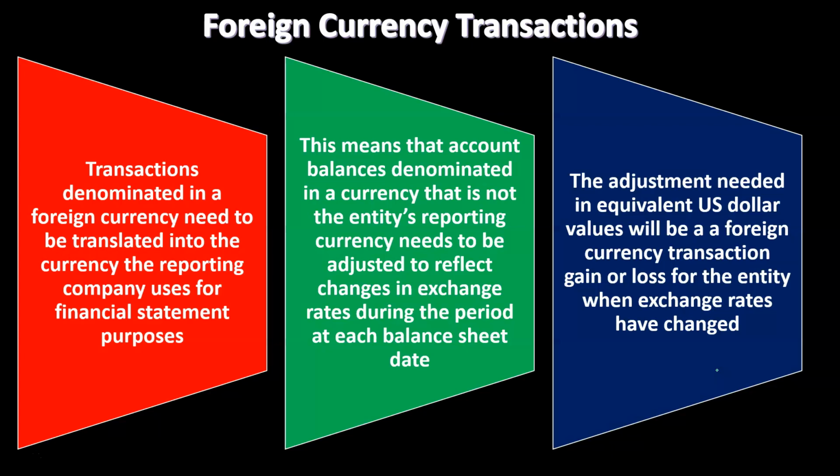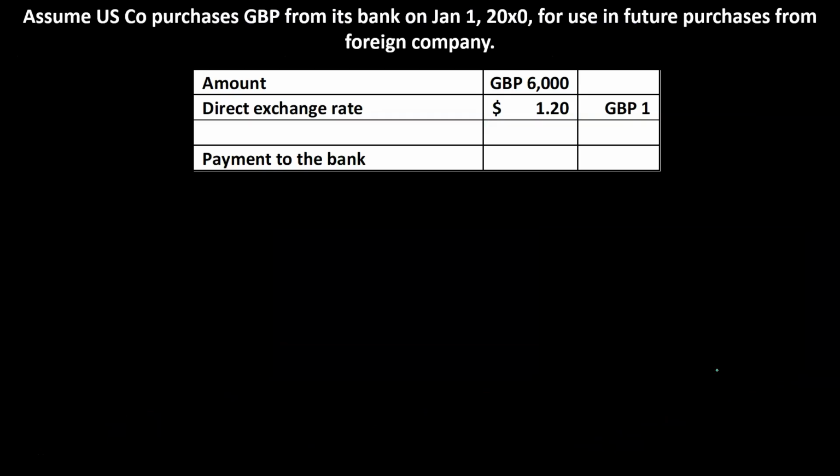So we've got to record the gain or loss somewhere. Well, same thing here. If we're saying that the receivable or the payable has now increased or decreased due to the difference in the value of the currency being received or paid and our current measuring tool value, the dollar, then the difference is going to have to go somewhere, and typically that's going to go to the income statement as a foreign currency transaction gain or loss.